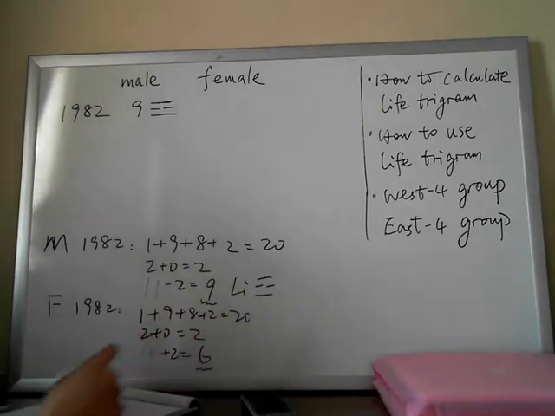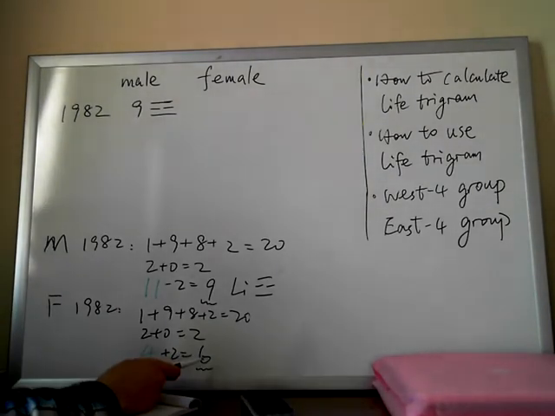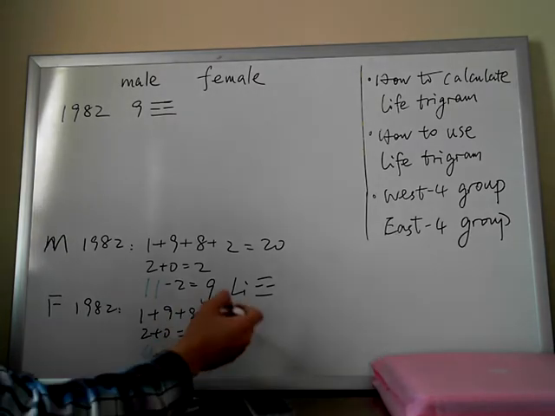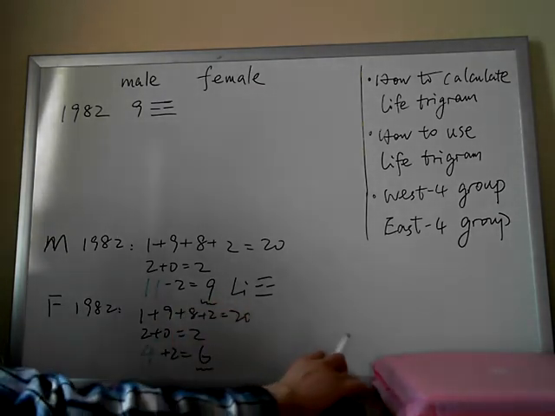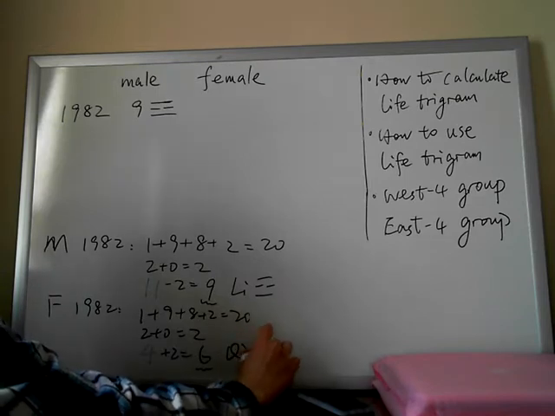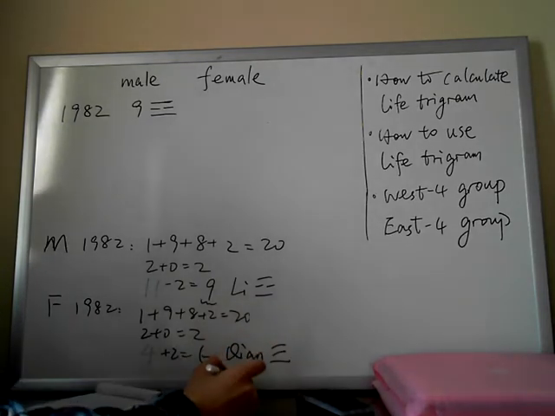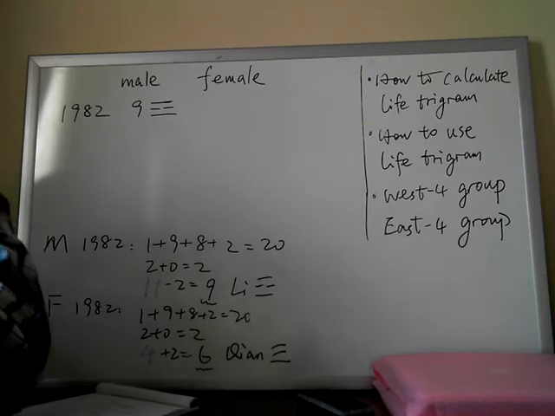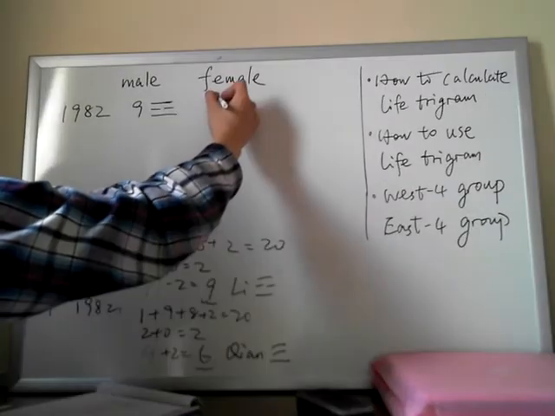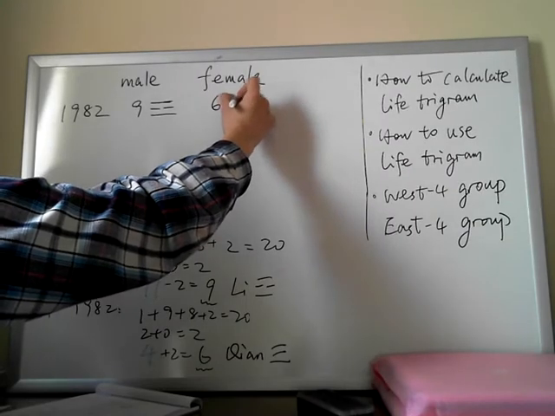So 6, which trigram is associated with 6? It's Qian. So for a female born in 1982, the life trigram would be Qian. 6, Qian.